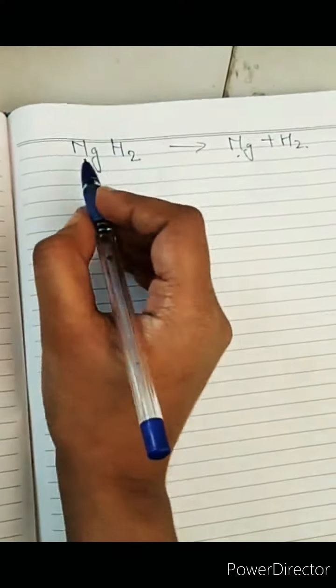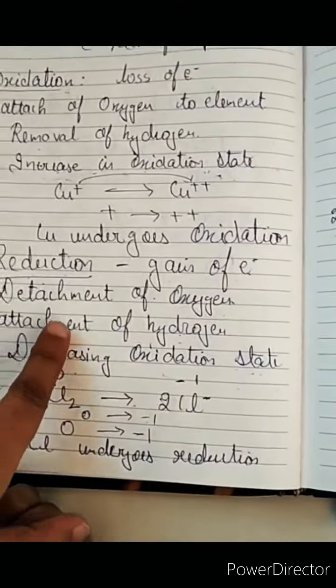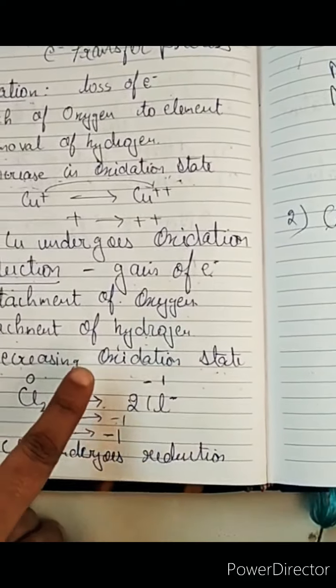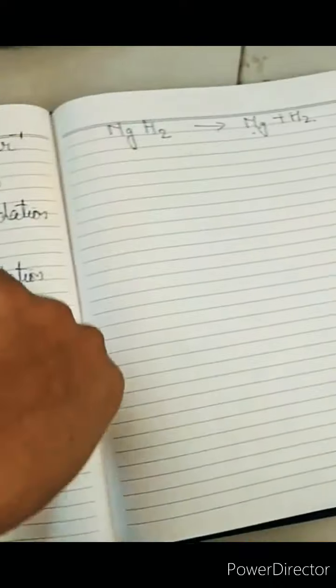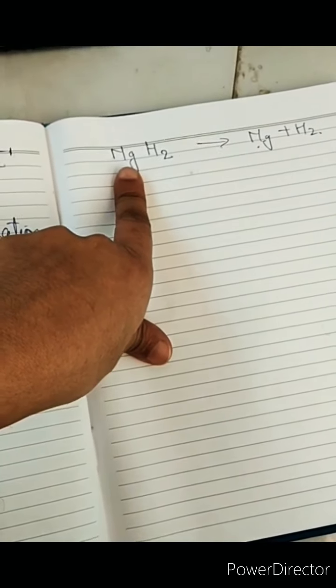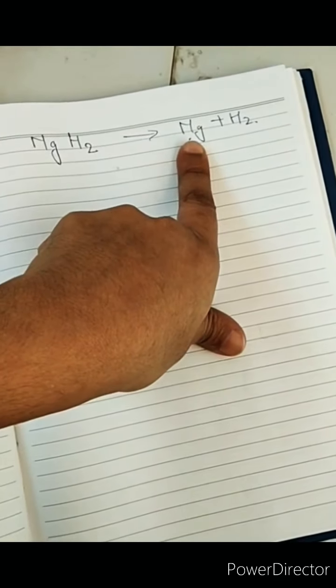So you can easily see which definition is applied to it. Detachment of oxygen, removal of hydrogen. So you can easily see there is a removal of hydrogen from magnesium. Magnesium is alone now. Hydrogen is totally removed. So can you see that is removal of hydrogen. So removal of hydrogen means oxidation.